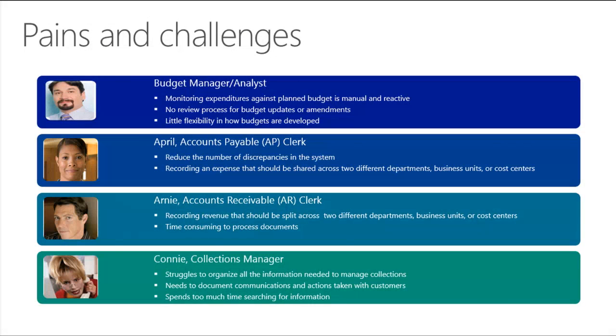And then we have our budget manager analyst. Again, pain points there around flexibility in defining budgets, making adjustments to budgets, making sure individuals that participate in the budget or need to participate in that budget process are actively engaged.